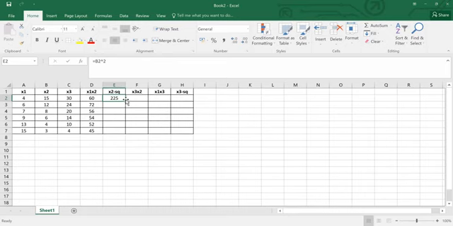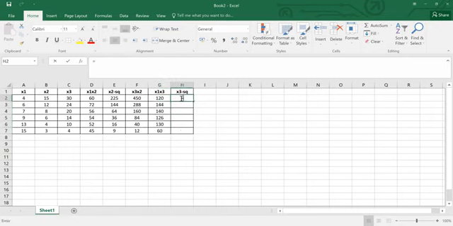Then I apply the same formula elsewhere. Then this will be x3 times x2, which is the same as x2 times x3. Then you apply that everywhere. Then I need x1 times x3, then you apply the formula everywhere.